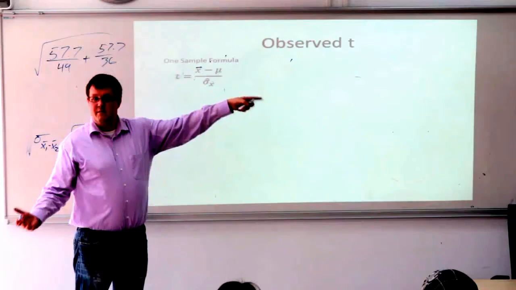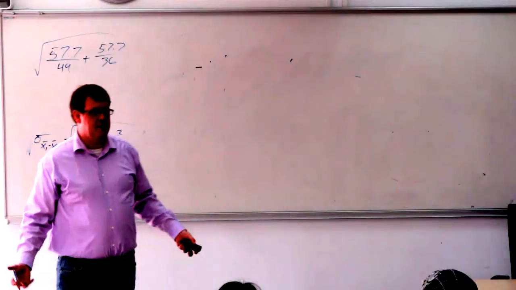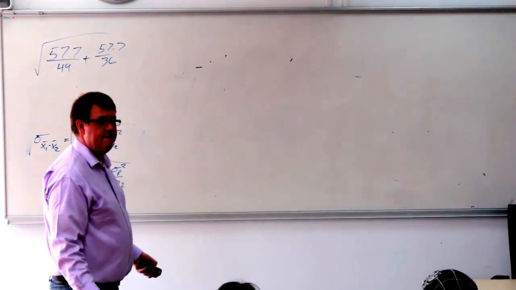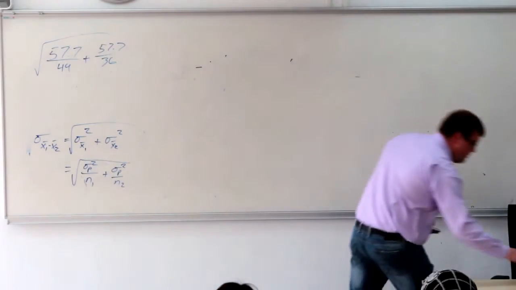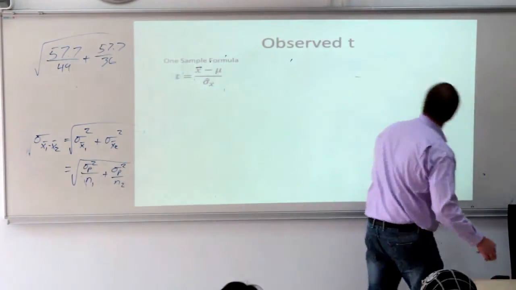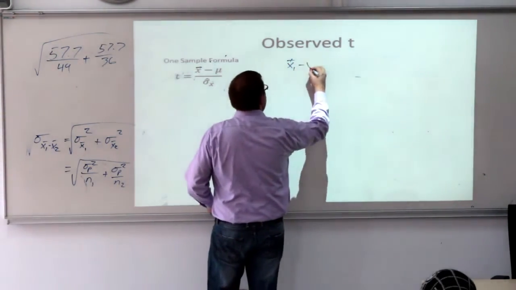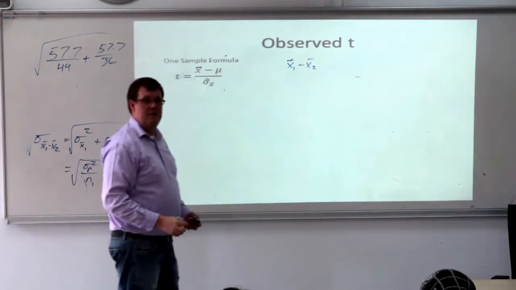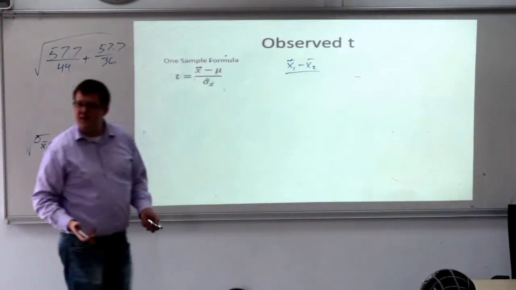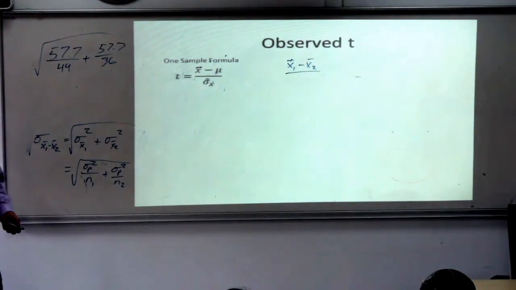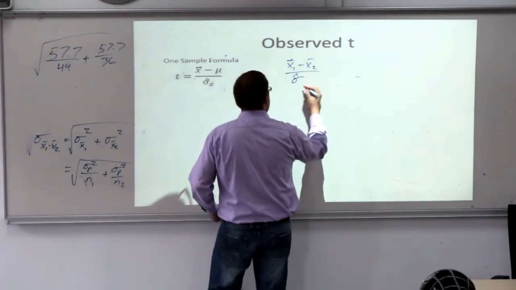We have two means that we're testing against one another. So how might we modify this formula? First x-bar minus the second x-bar. That'll be the numerator. What will we use for the denominator? The standard error of the difference between means.